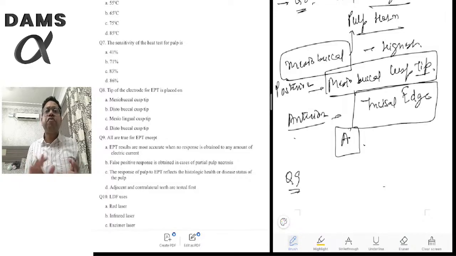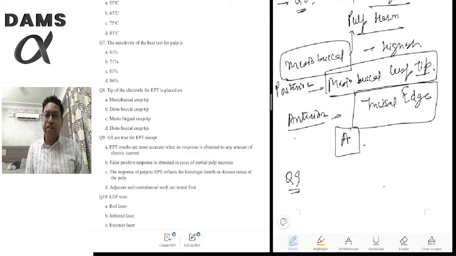It becomes confusing what the status is. If no response is given to any level of current, even the maximum current, we can most likely predict the pulp has degenerated or no viable nerve fibers are present. So EPT is most accurate when no response is obtained to any level of current.